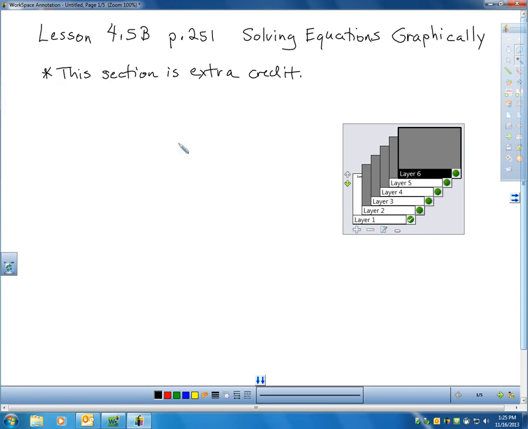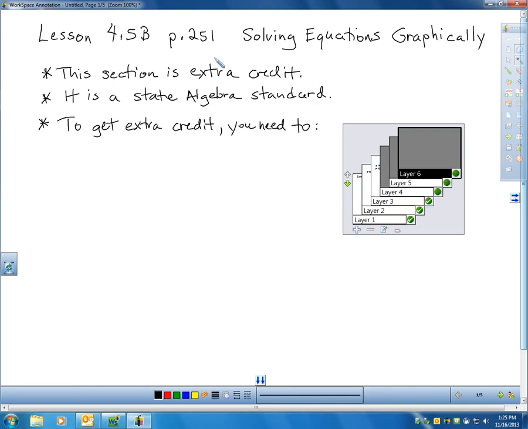Let's first of all mention that this section I'm going to put under the category of extra credit, for the following reason. This section is actually written as one of the state of Michigan standards. However, I would say that this is probably one of the most inefficient ways of solving an equation.